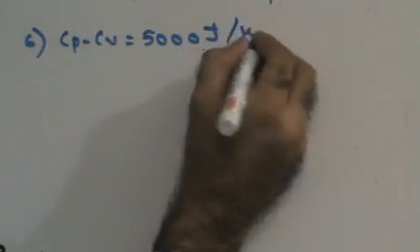The difference between two specific heats is 5000 joules per kg Kelvin.